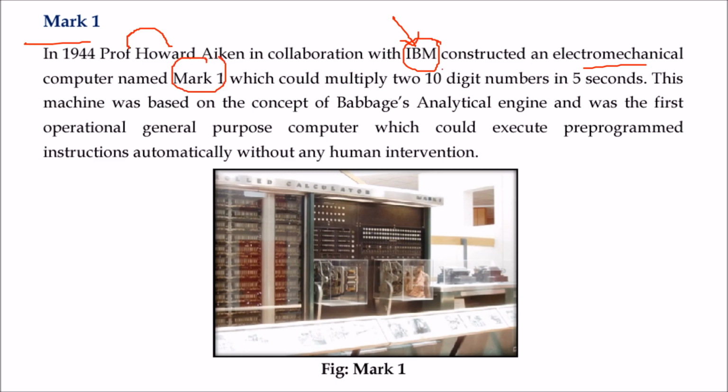It can multiply 10-digit numbers in 5 seconds. And this was truly based on Babbage's analytical engine. It was the first operational general purpose computer which could execute certain pre-programmed instructions without any human intervention.